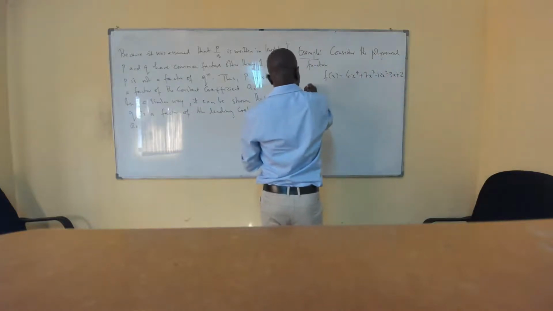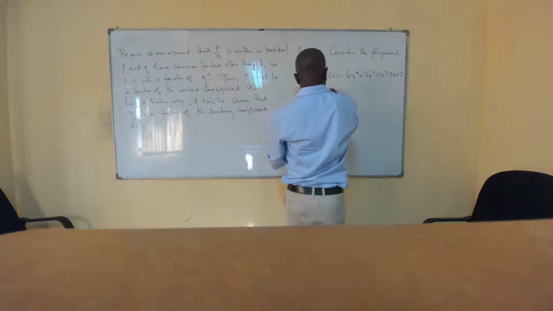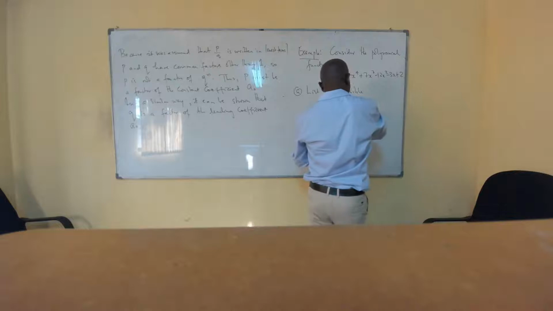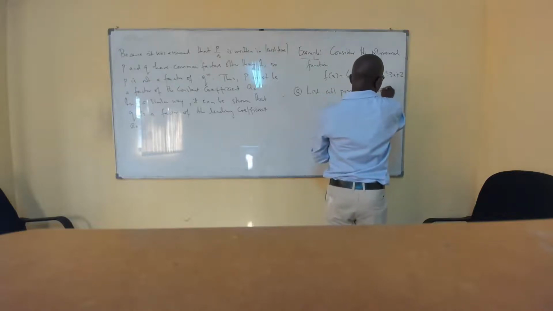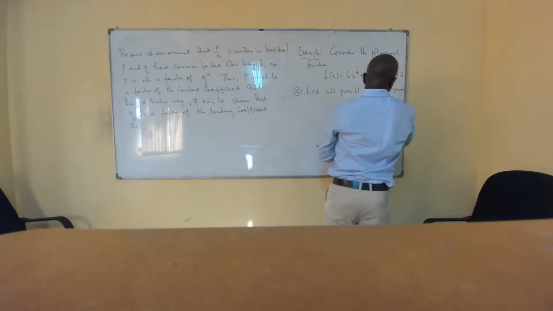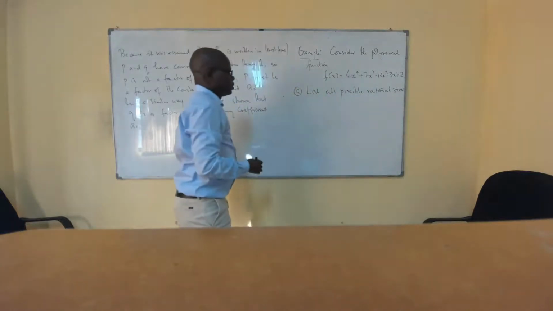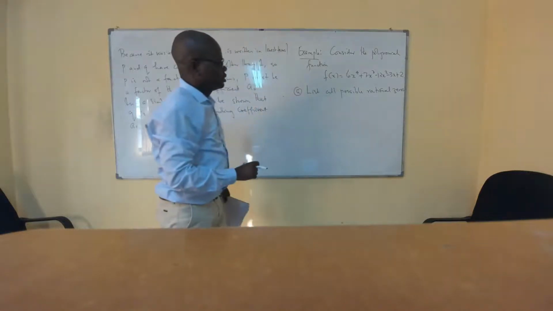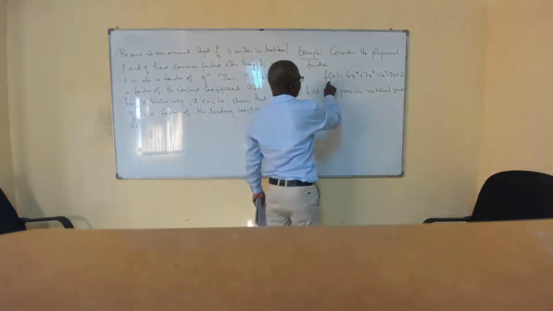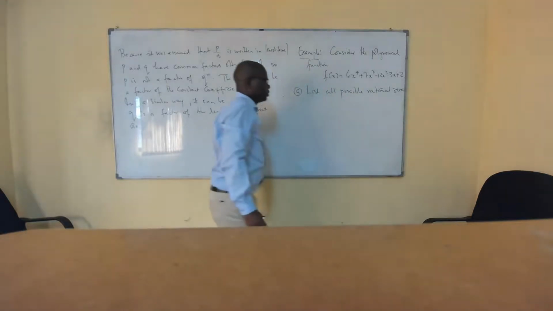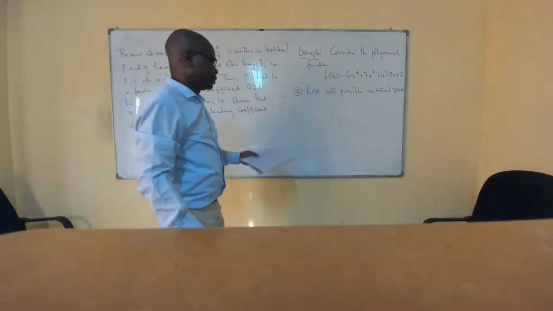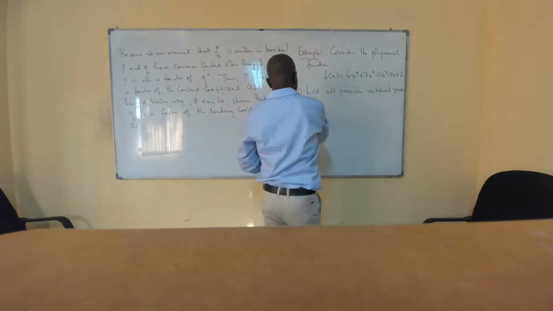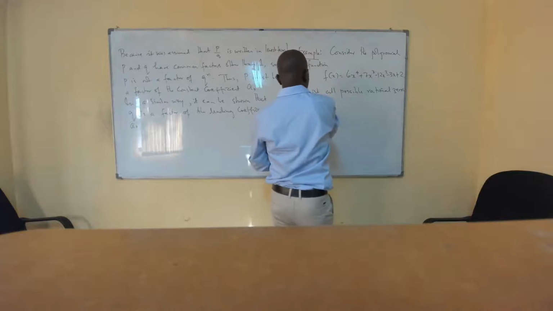So A, list all possible rational zeros, all those values of x which will make this quantity zero. Those are the zeros, or we call them roots. These are all possible rational zeros.